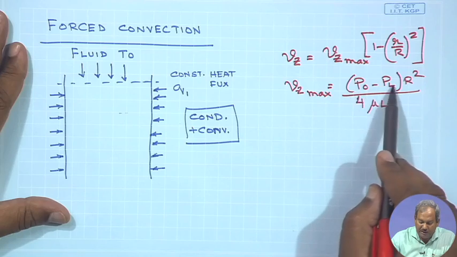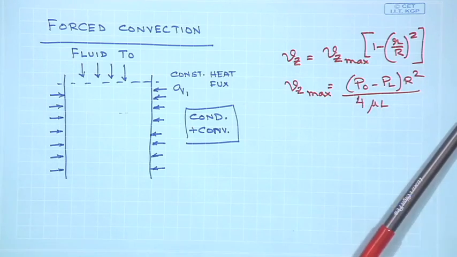So, P0 minus PL is the total effect of the gravity force, the body force, and the surface force. I would advise you to go back to the beginning of this course and see the derivation of the Hagen-Poiseuille equation, for flow through a pipe in the presence of a pressure gradient, when the effect of the body force is important.